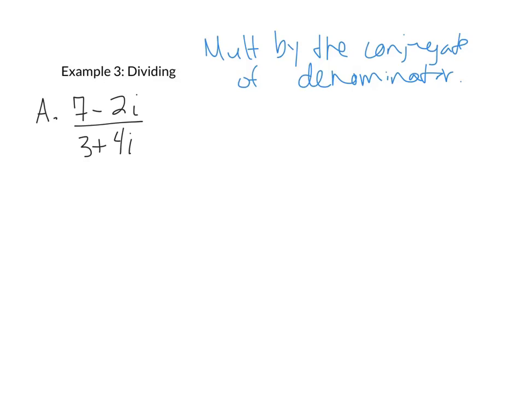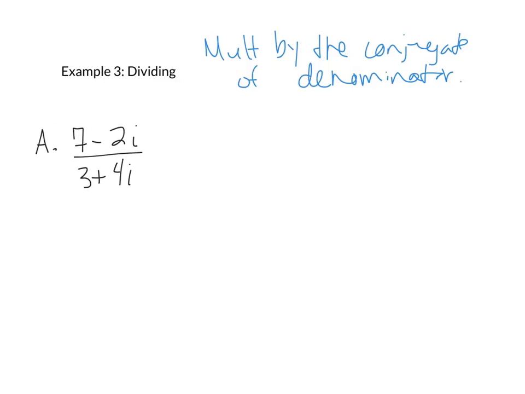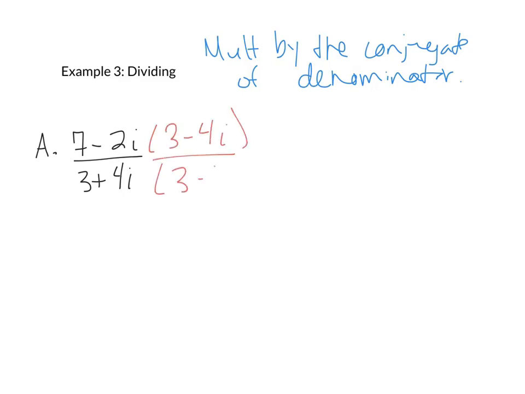So in our case, we're multiplying both the top and the bottom by 3 minus 4i. Remember, the conjugate, you change the sign of the imaginary part. So in our case, the imaginary part is that 4i there. So instead of plus 4i, it's minus 4i.